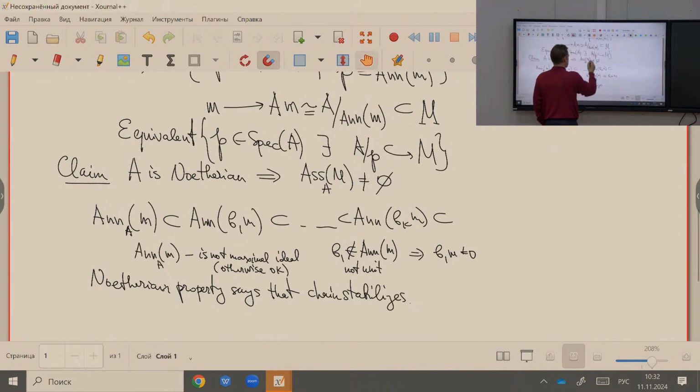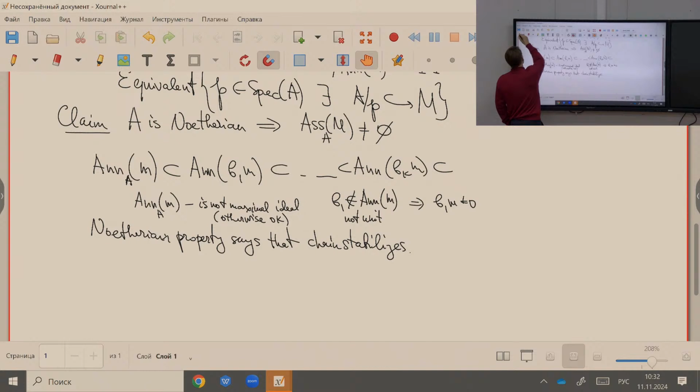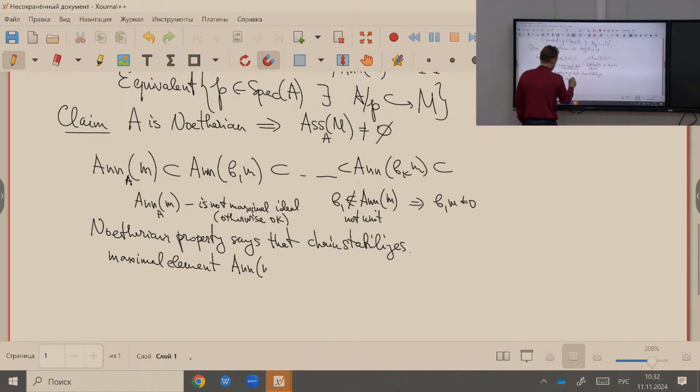And then we take the maximal element, the annihilator of m tilde.